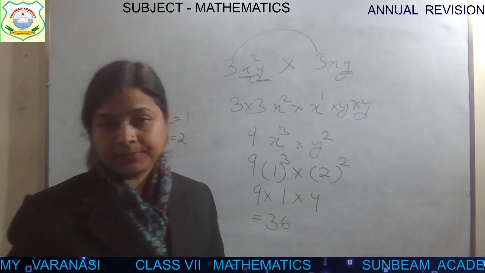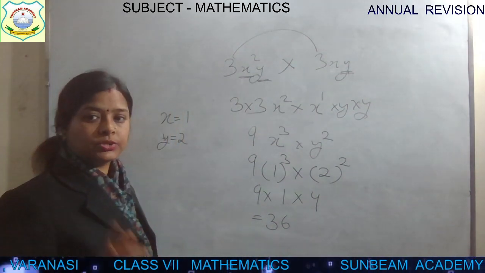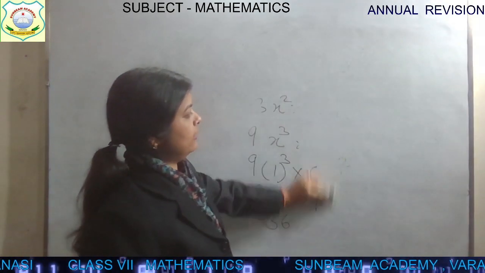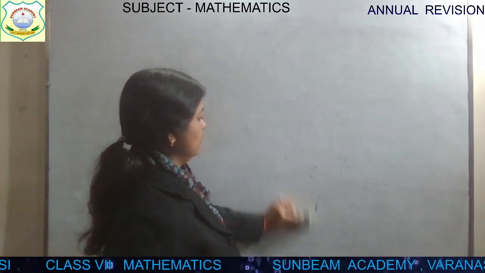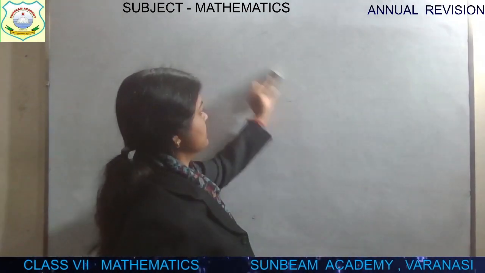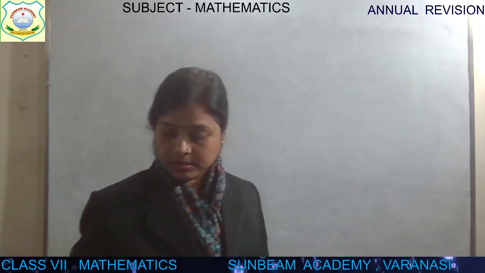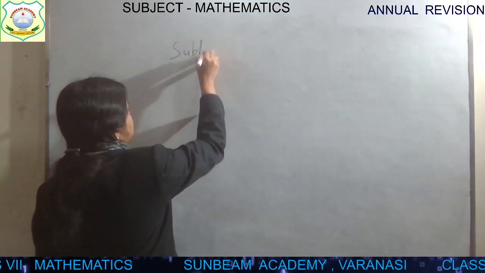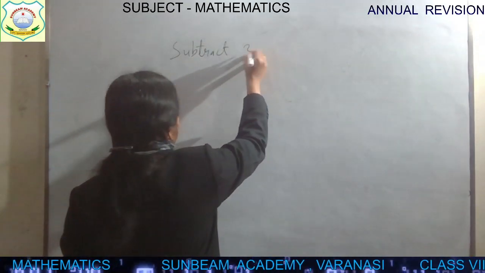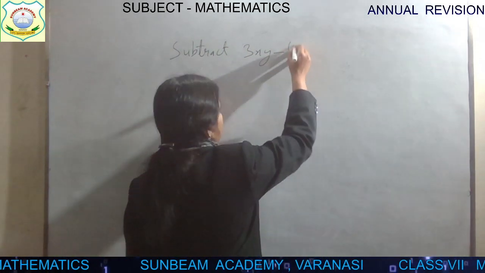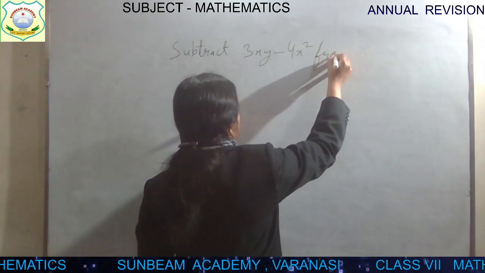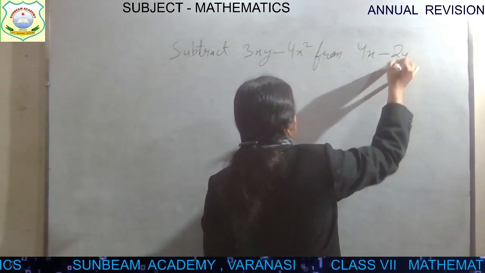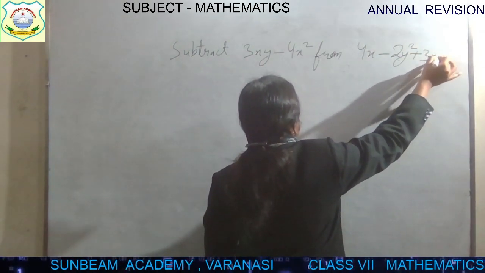Let me take some examples and then I will start the question answer section. So now you are well aware of how to solve addition and subtraction. Sometimes in subtraction, the expression is given in this way, like subtract 3xy minus 4x square from 4x minus 2y square plus 3x square.